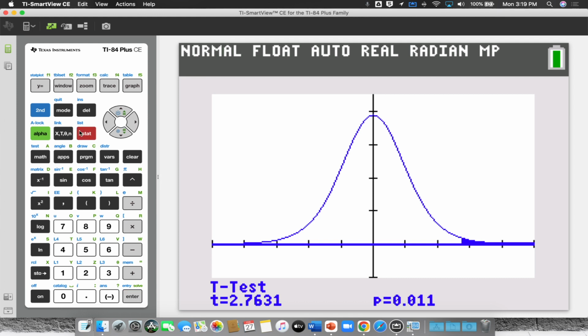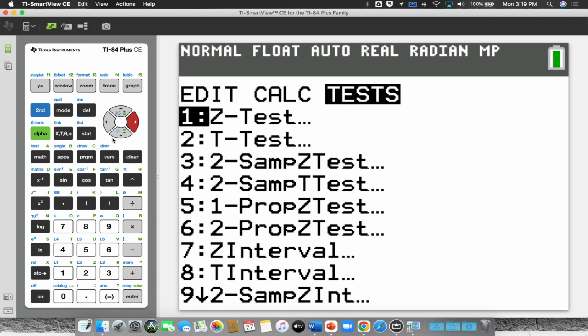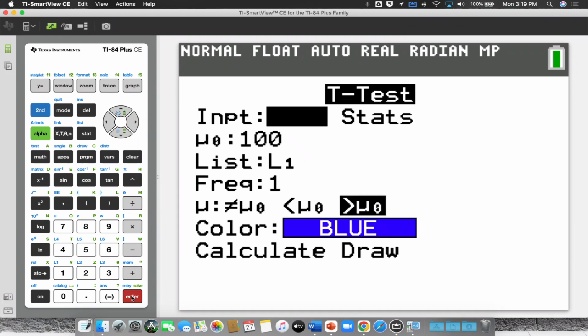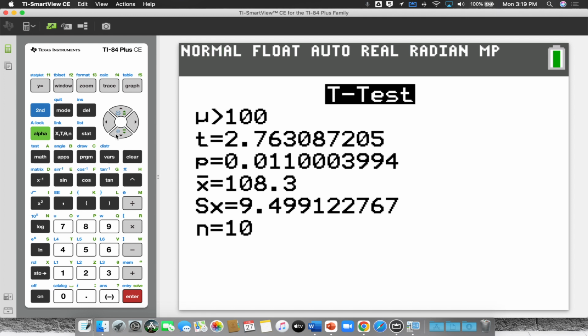Let me show you something real quick. Calculate would show you degrees of freedom too. Does it? I thought it did. No. What is degrees of freedom for this problem? 9, N minus 1.